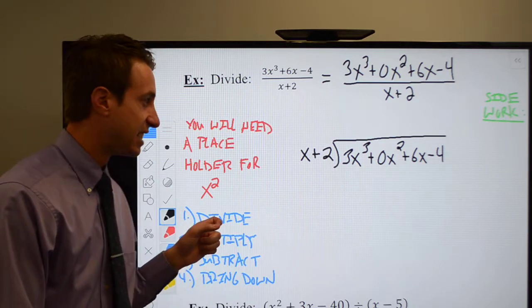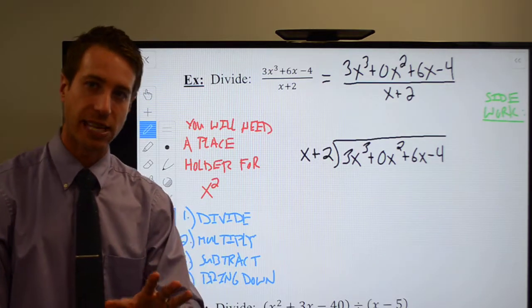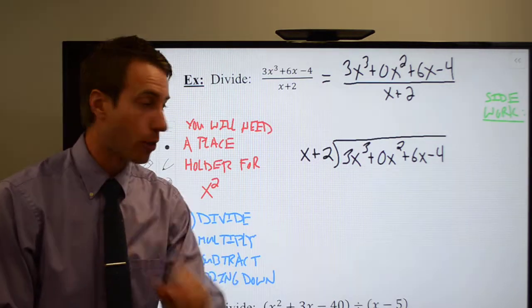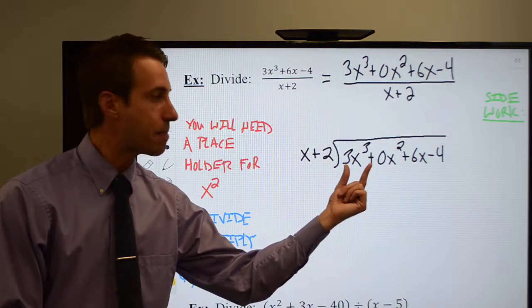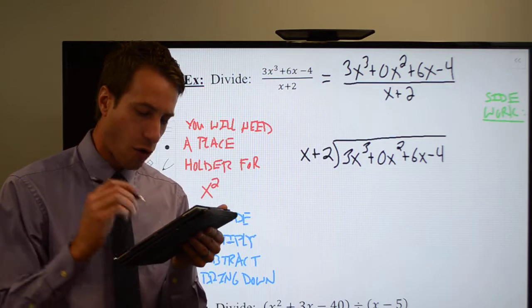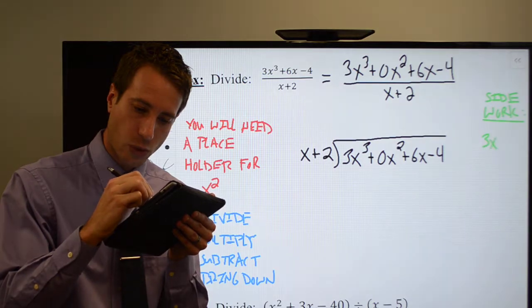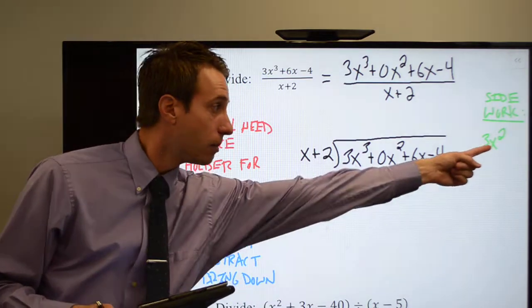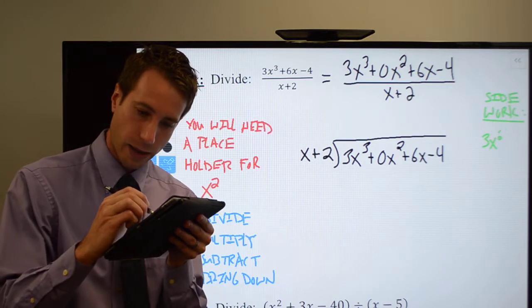Step 1, divide. What will you be dividing? It's always exactly the same thing. You will always, always, always take the first term of your dividend, divide it by the first term of your divisor. So over here on the side, I'm going to do 3x squared. That's the first term in my dividend. Sorry, not an x squared.